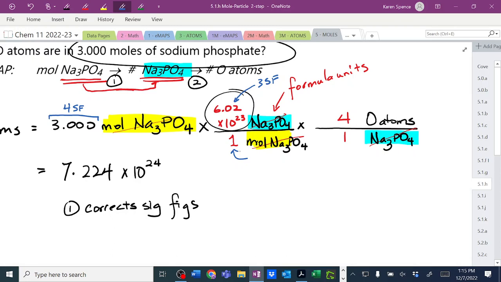We actually have an exact number of particles, but you have to go to like 10 or 11 decimal places, and nobody's going to write down 10 or 11 decimal places every time they write down 6.02 blah, blah, blah. So we use the 3-digit version, okay? This is exact. This is exact. And this is exact.